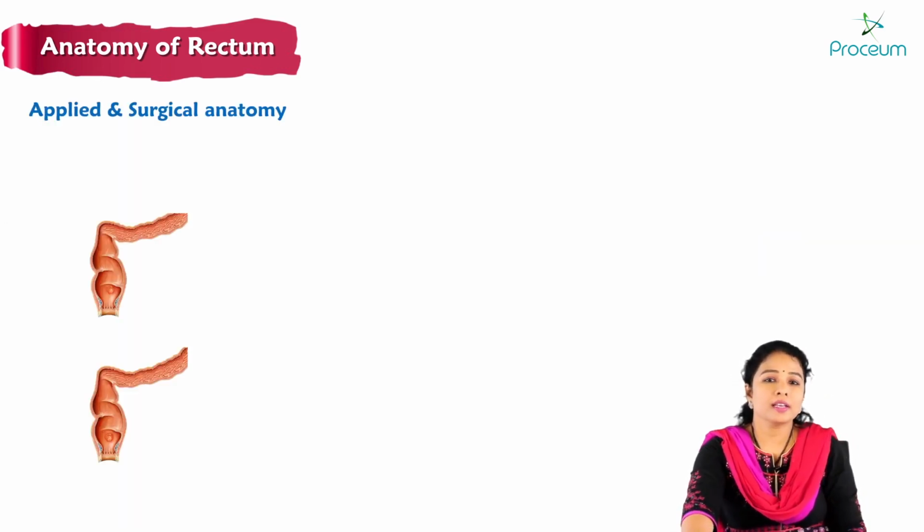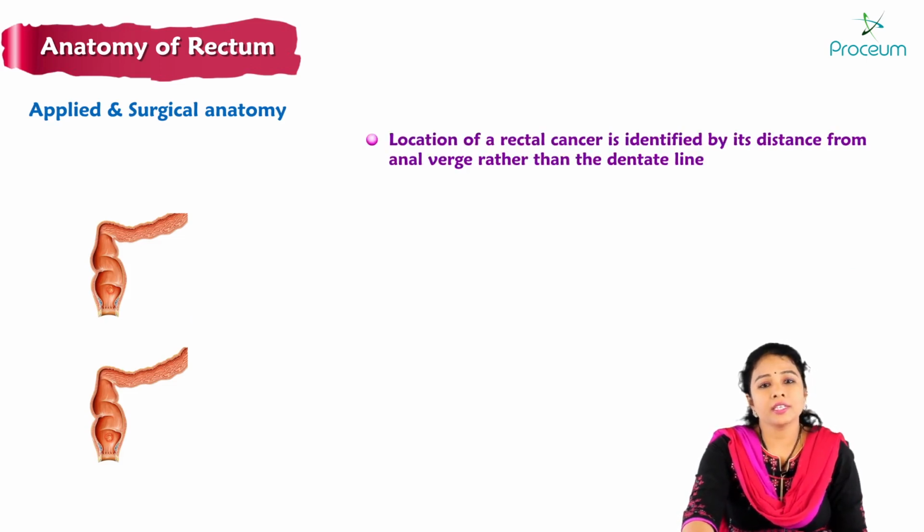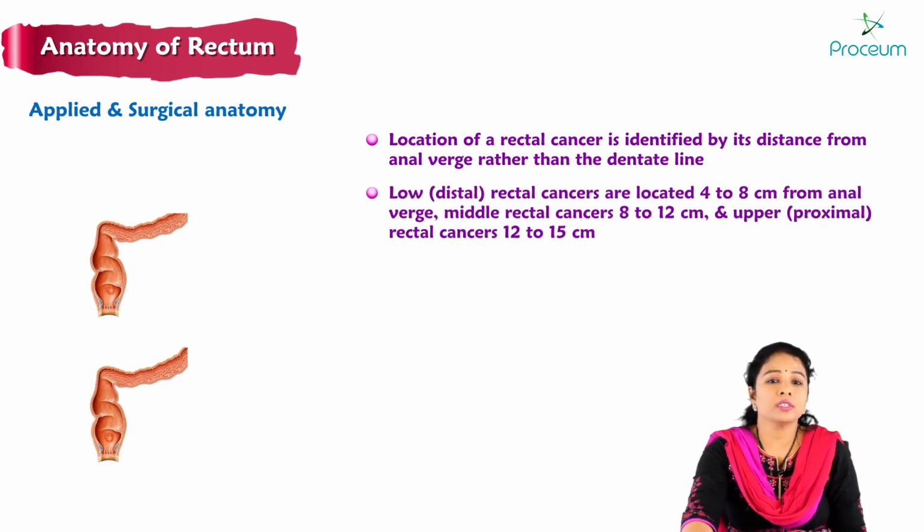Applied and surgical anatomy of rectum. So the location of rectal cancer is identified by its distance from the anal verge rather than the dentate line. So the lower distal rectal cancers are located 4 to 8 centimeters from the anal verge. Middle rectal cancers usually are located 8 to 12 centimeters from the anal verge.